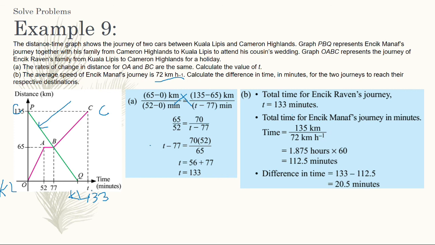So for Encik Manaf's family will be the distance 135 over 72 km per hour as given over here, and you can get the time already, which is 112.5. You need to make sure the hour that you get, you multiply by 60 so that you get the time in minutes, because the time indicated over here is minutes. Therefore, to calculate the difference, it will be 133 minus 112.5, it is 20.5 minutes.